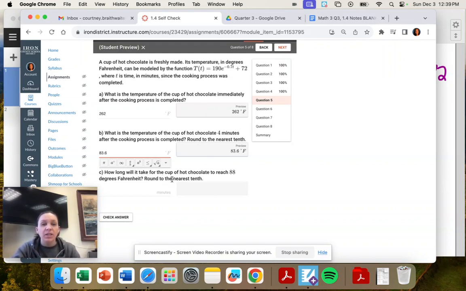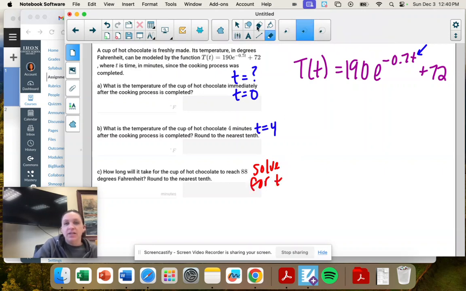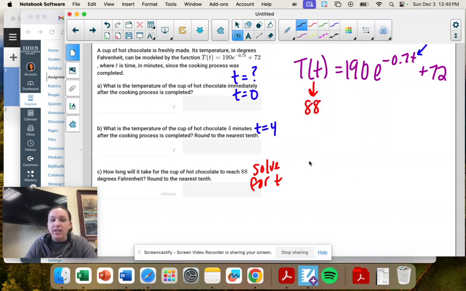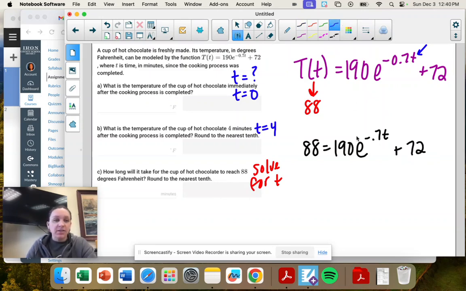So it's saying, how long will it take for the cup of hot chocolate to reach 88? So now we're solving for t. The temperature, this part, is going to equal 88. So I'm going to rewrite it like that. 88 equals 190 e to the negative 0.7 t plus 72. And we know how to solve these. We've done it before.